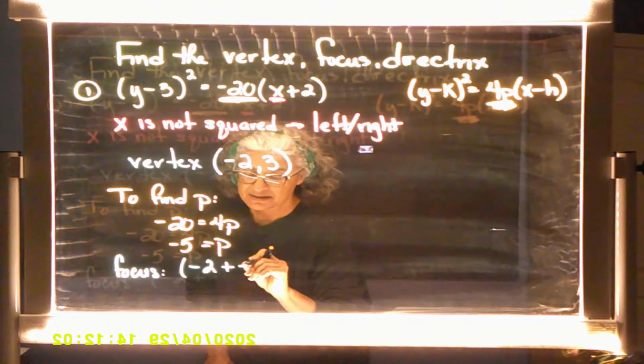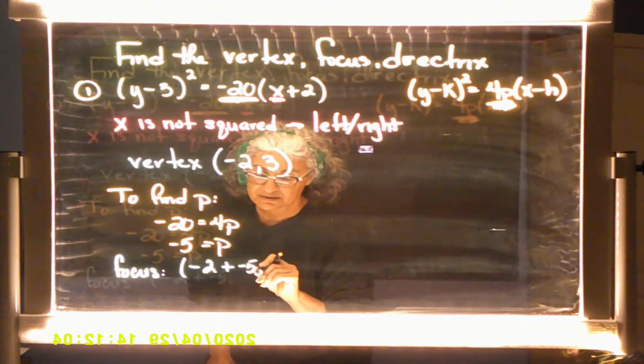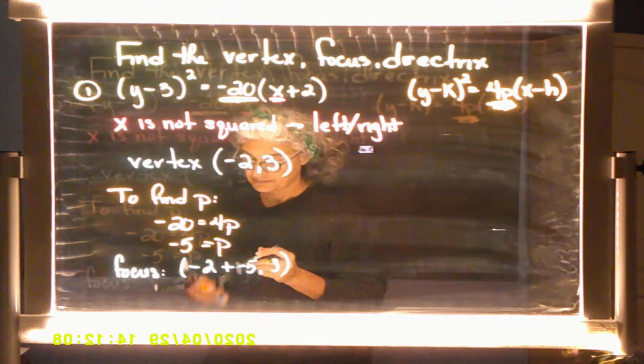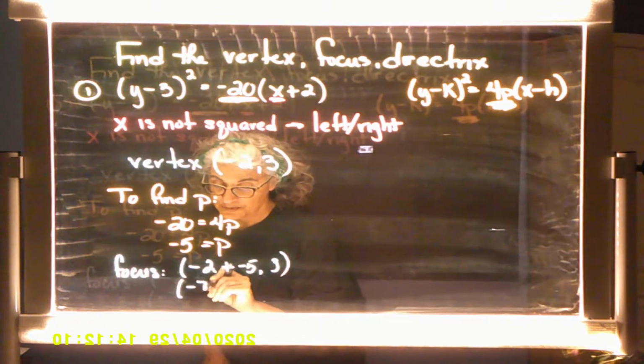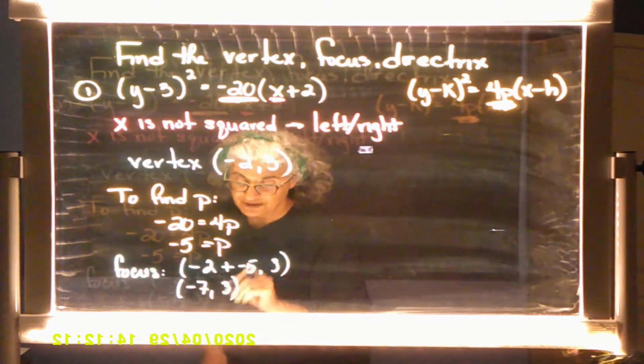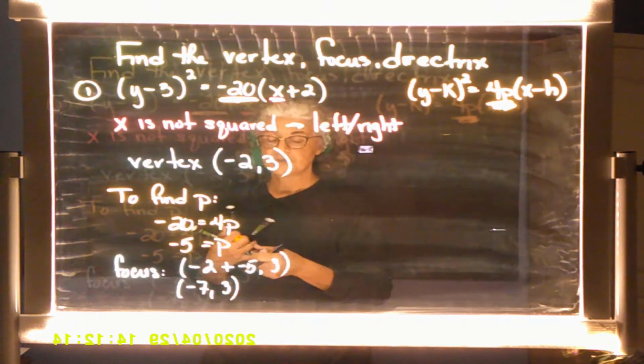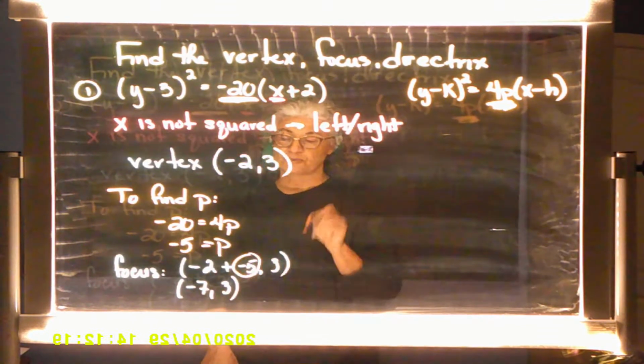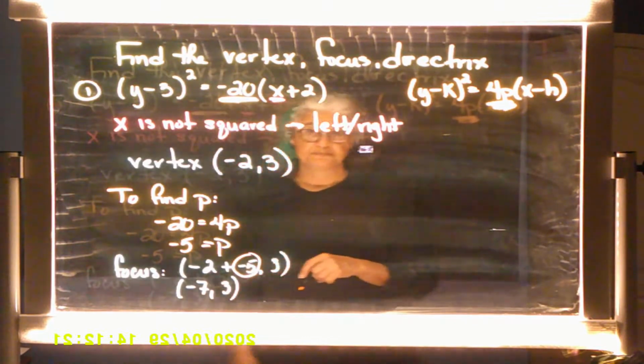So plus that value for p, and comma 3. Which means your focus is going to be at -7, 3. Cool? Remember, you add the value for p. This is the value for p. We add it to get to the focus.